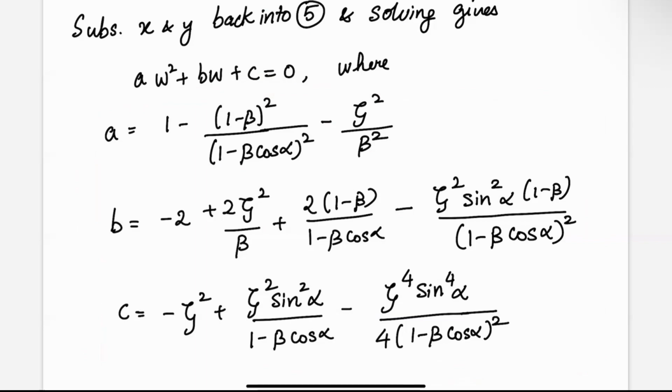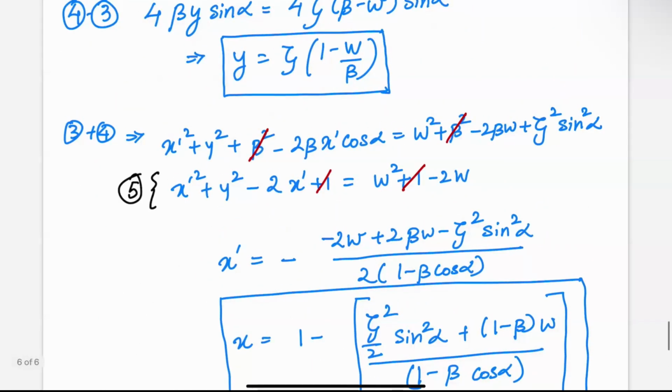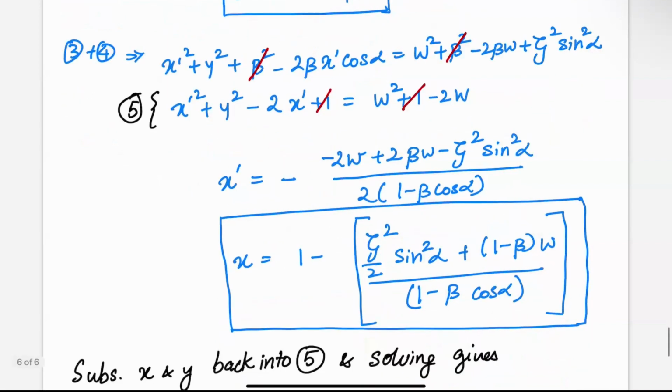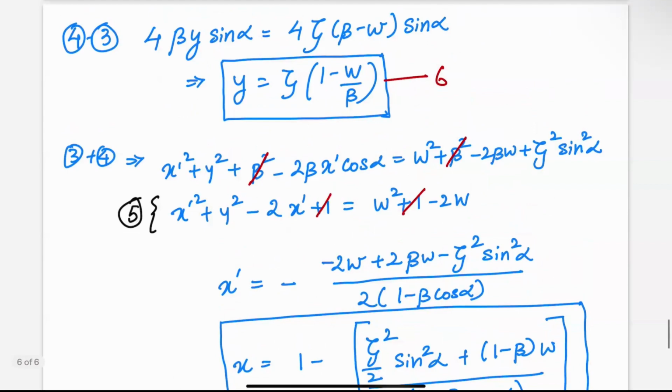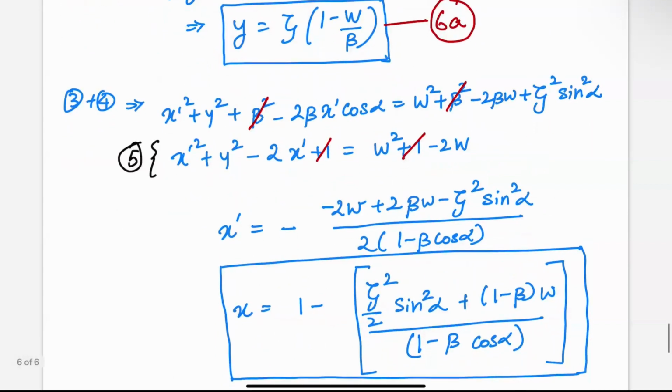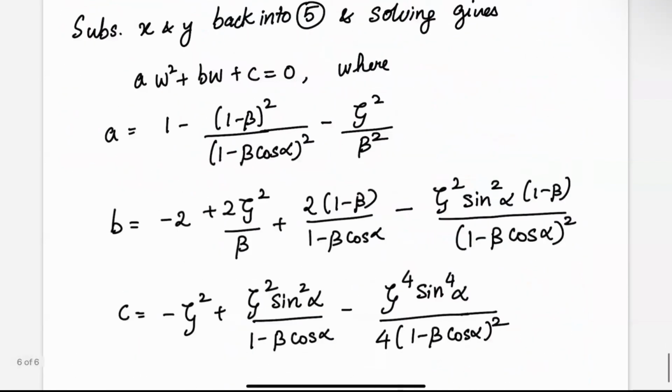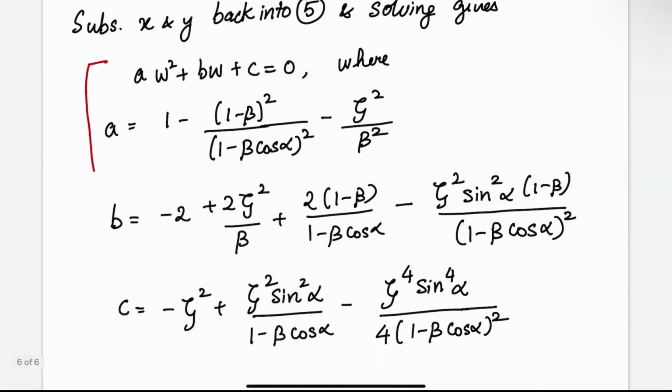So let's label these equations. Let's call this one equation 6, maybe I'll say this is 6a. Right, this one is 6b. And this whole thing is equation 7.